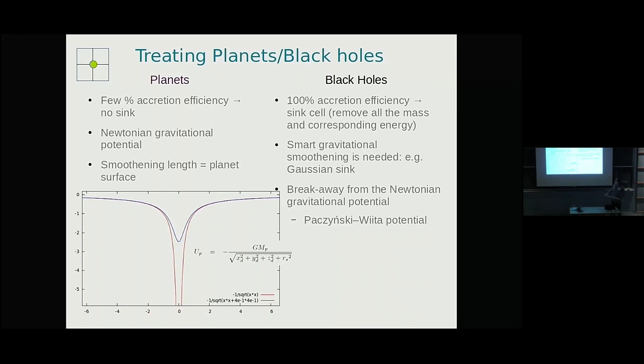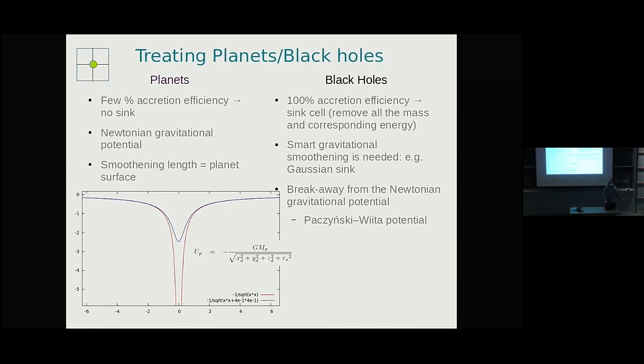I have also seen that this smoothing length shouldn't be too big, otherwise it's going to affect the rotation of the disk, the accretion, and the torques as well. So I believe that the softening length should be as small as possible. If you can resolve the object radius, then that should be the smoothing length.